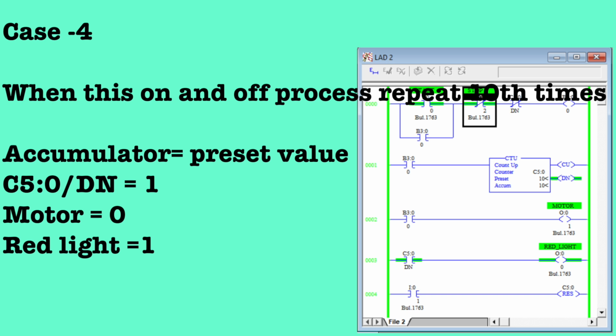At the same time, you can see that the done bit interconnection provided in the first rung, that is C5:0 done bit, is also activated. That's why my binary output goes 0, and when the binary output goes 0, my motor will be off after the 10th time of off and on programming, right?